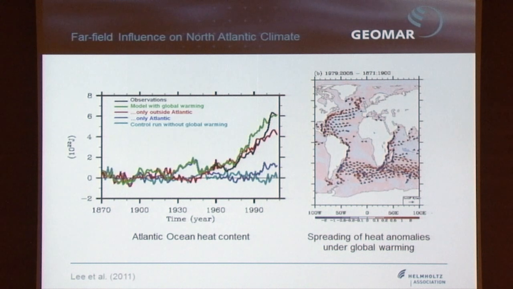This is shown in a climate model study by Lee et al., a Miami group, that used an ocean-only model, which was forced by atmospheric data from a climate model, the green one, a climate model of the past 100 years or so, that was able to simulate the rise in the North Atlantic heat content, nicely following the observations.